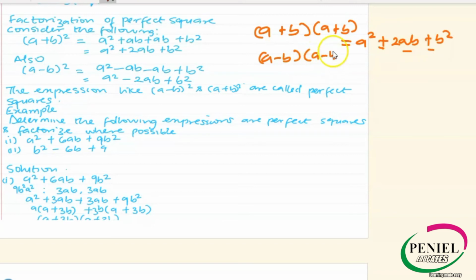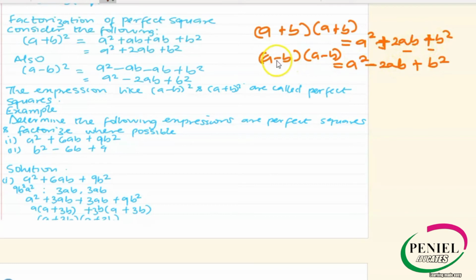But if you have (a - b) all squared, after expansion you're going to have a squared minus 2ab plus b squared. Don't forget, for a plus b all through, it's going to give you a positive throughout.